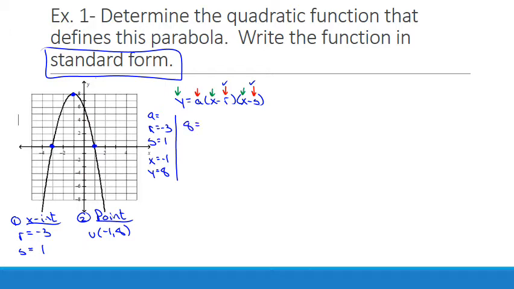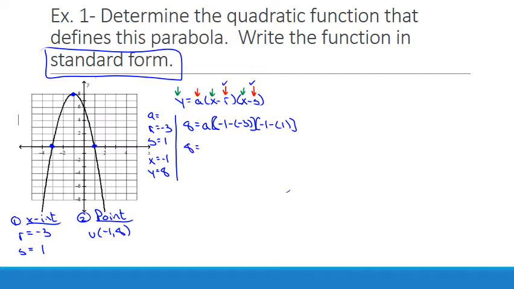So instead of y, I write 8, and a I'm stuck with. x now becomes -1 minus my r value, which happens to be -3. So maybe I'll bump these up to square brackets so they stand out. x, again, is -1 minus my s value, which happens to be +1. Now you can see I have numbers all over the place except for the a, and now I can just take my time and solve for a.